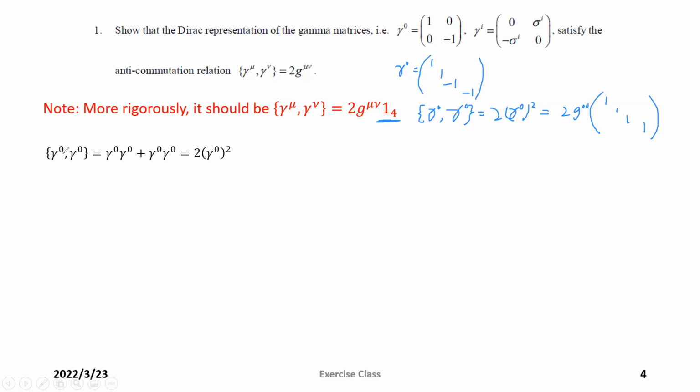For example, for gamma 0, we can use the 2 times 2 block, and it just equals 2 times the identity, so it equals 2g^{00}.